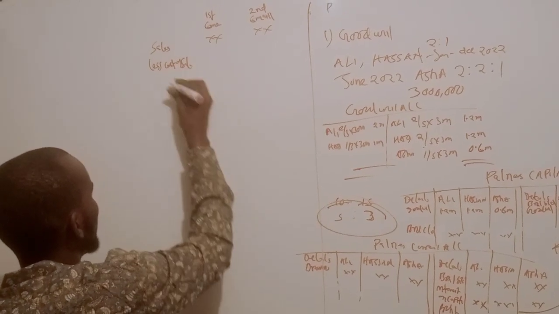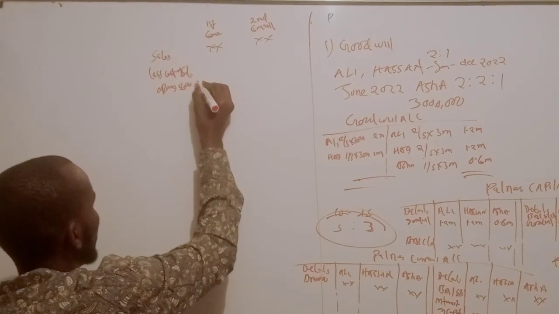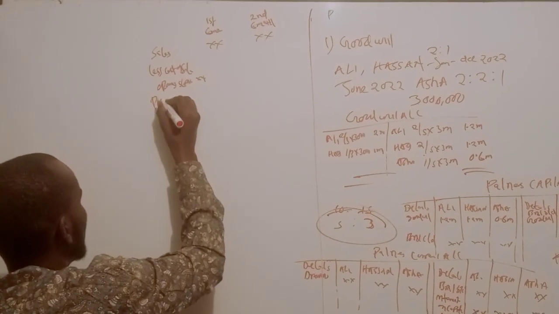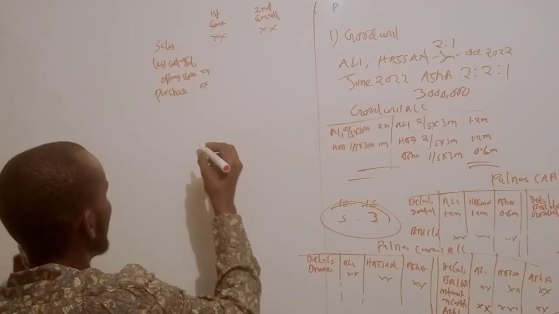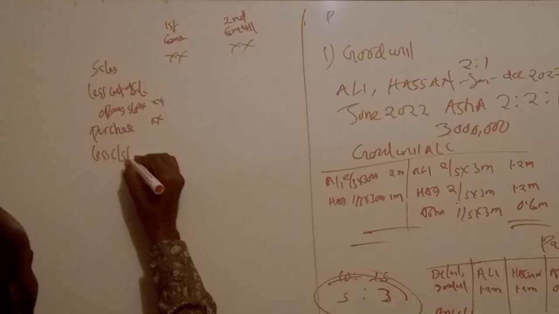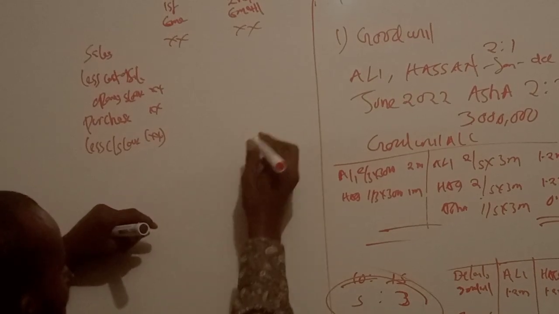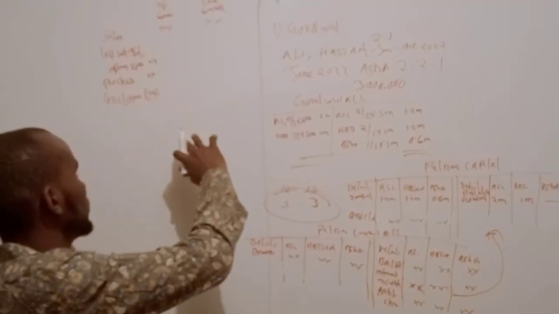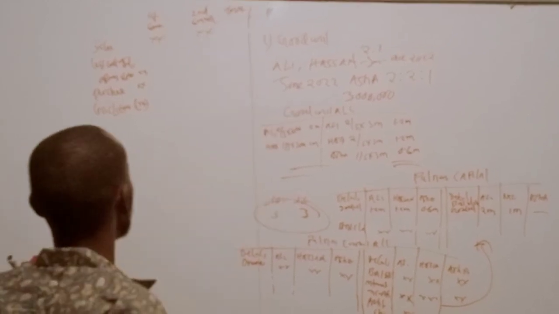Now this cost of sales will consist of the opening stock, we have the purchase, and then we less the closing stock. Now for this income you get, you will have the sales for the first 6 months, the second 6 months, then you have the total.